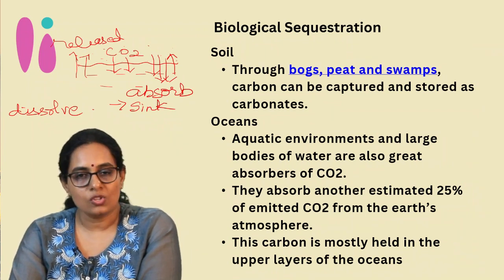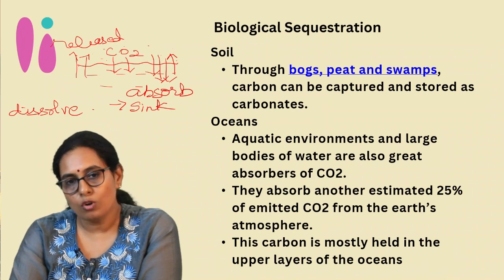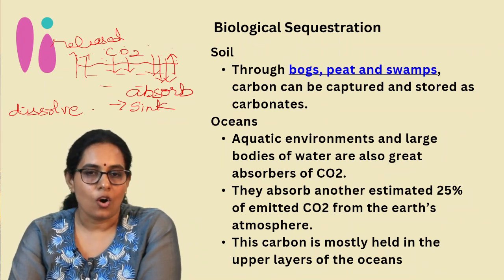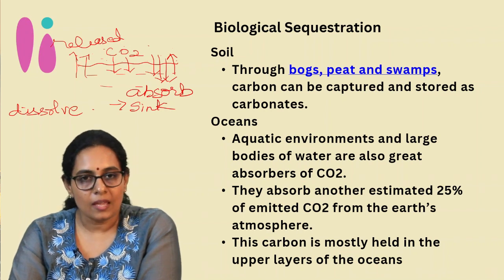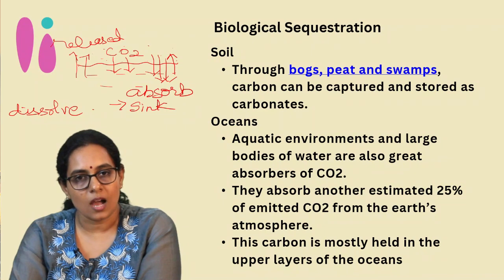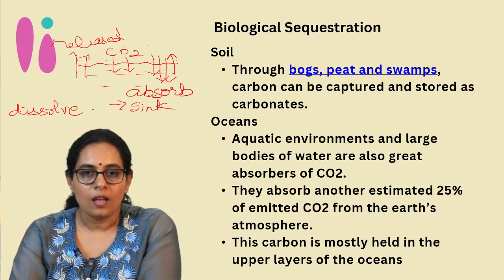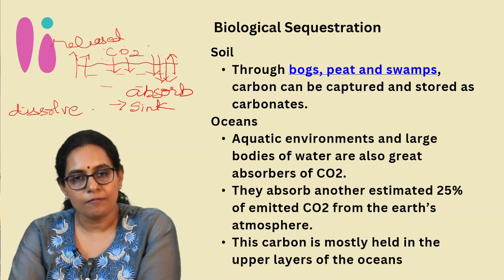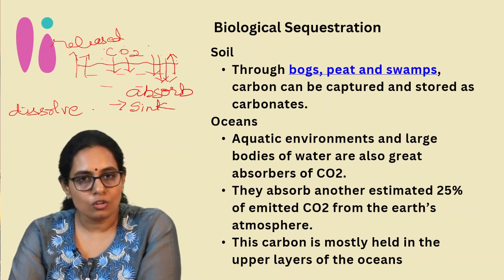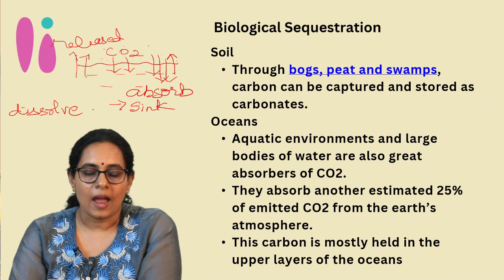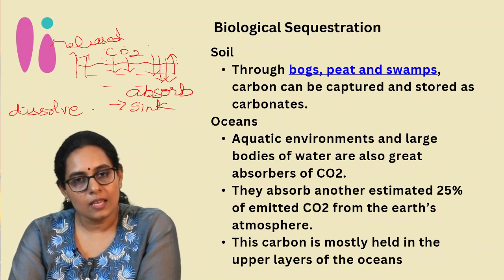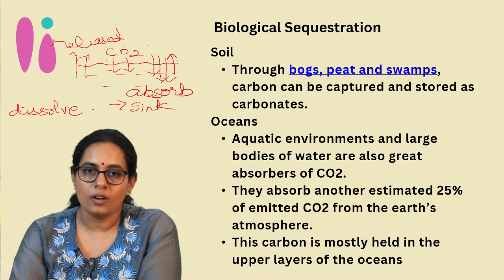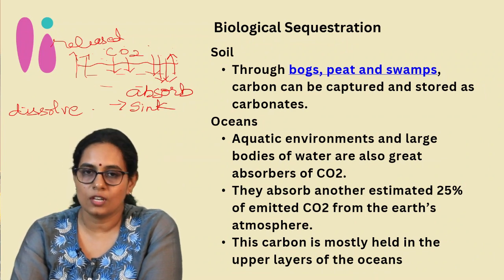Oceans store almost 25% of the carbon that is emitted into the atmosphere, making them one of the largest carbon sinks. Carbon is stored in the surface layers of the ocean. It is not stored deeper inside, and because it is present at the surface, it can be released back into the atmosphere whenever there is a deficiency of carbon.